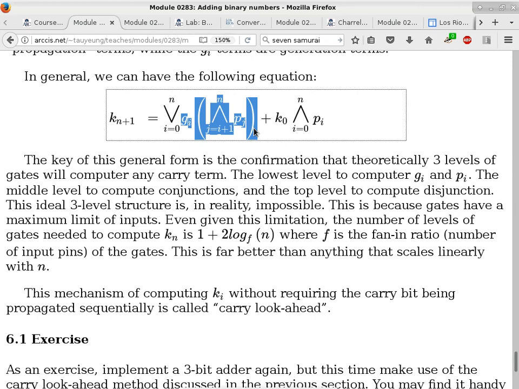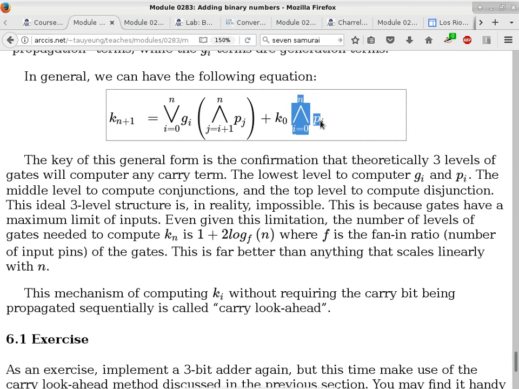When you're done with this entire left-hand side of the overall disjunction, you look at the other side, which is a lot easier because we have a single K0 here, and then one big conjunction. This big conjunction is not too bad because all it does is go from 0 to n.